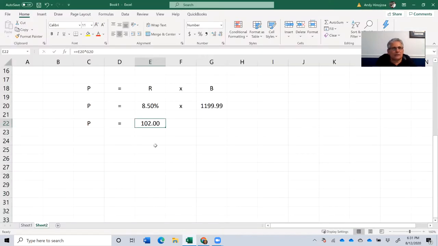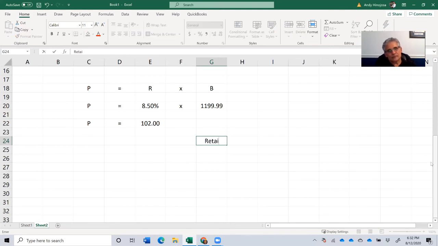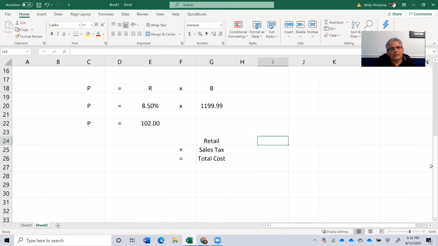Now the question was not only find the sales tax but also the total cost. So the total cost means we're going to have to take the retail price and add to that the sales tax, and then that's going to be equal to the total cost. Well, let's plug in those numbers too. The retail amount was 1199.99.